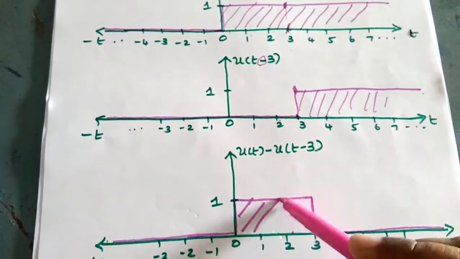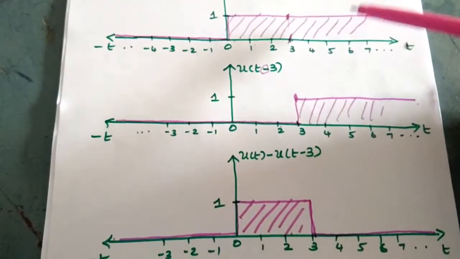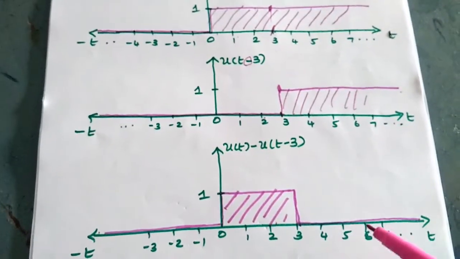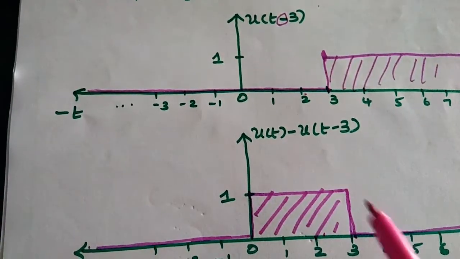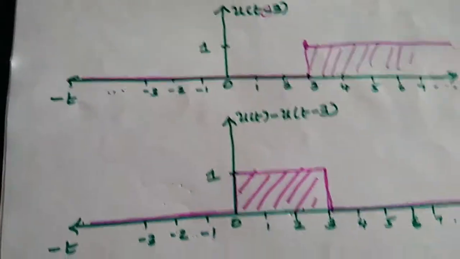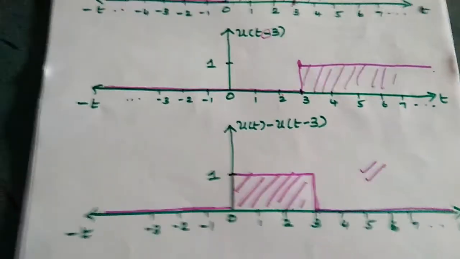So this is the answer. After that, all the values are 1 minus 1, which becomes 0. So this is u of t minus u of t minus 3. This is the answer for the given problem.